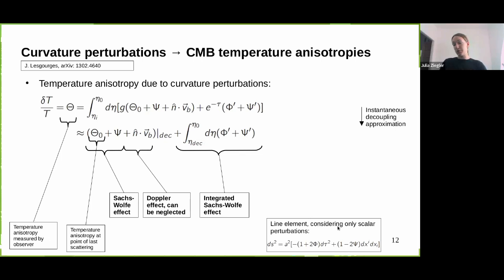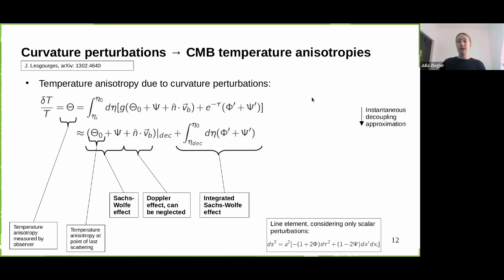This is already in Newtonian gauge, so here I have removed the fields E and B already. And then we integrate over time, and we have a visibility function here. We have tau, the optical depth, and n hat would be the direction of the photons that come from the CMB. And yeah, then we would have to integrate over conformal time.